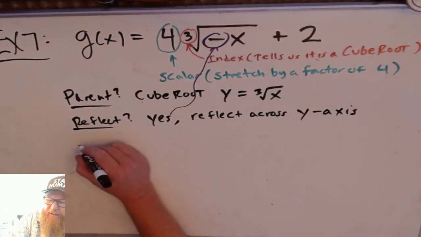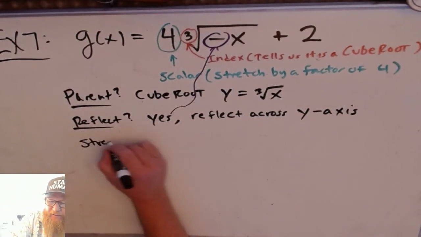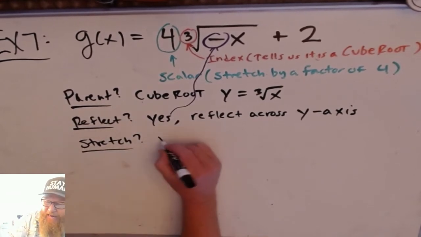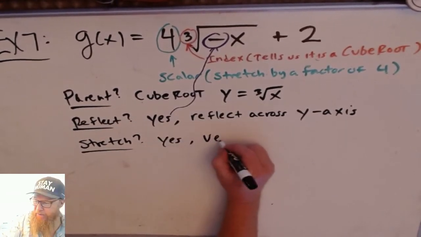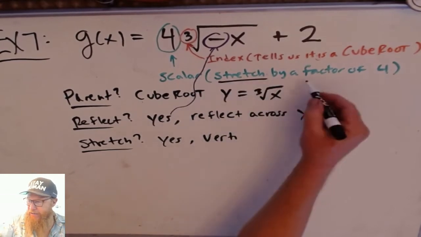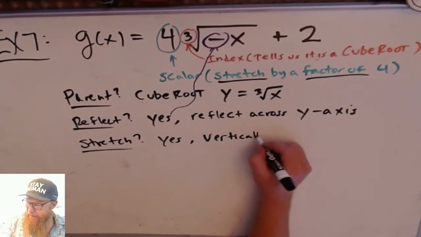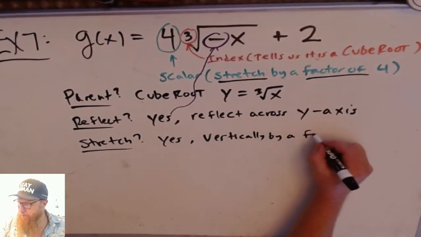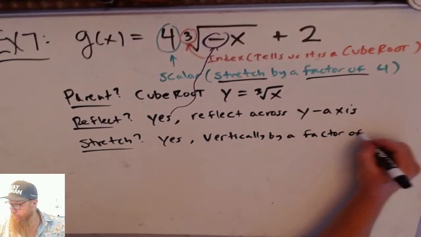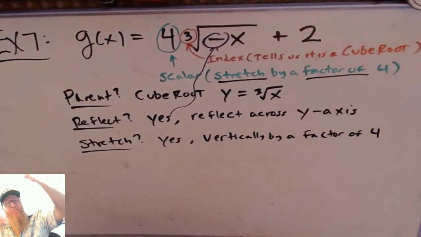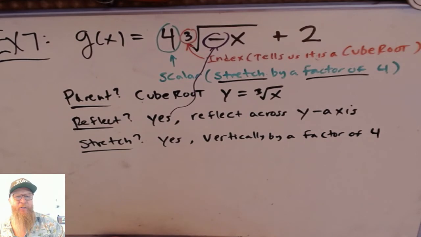Are you going to stretch or compress? Yes. Vertically, I already said that. Stretch vertically by a factor of 4. So the graph's going to get 4 times taller than it originally was.